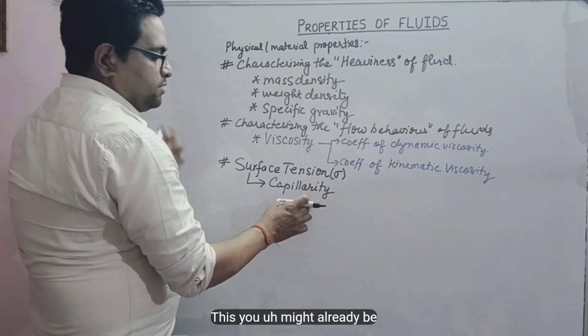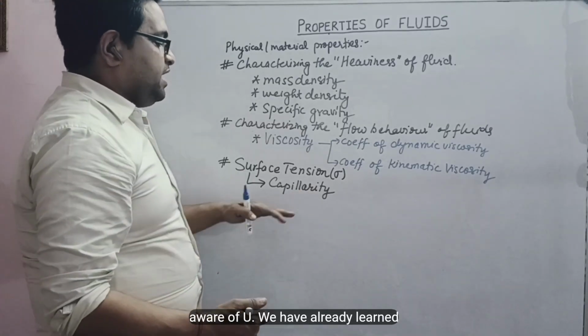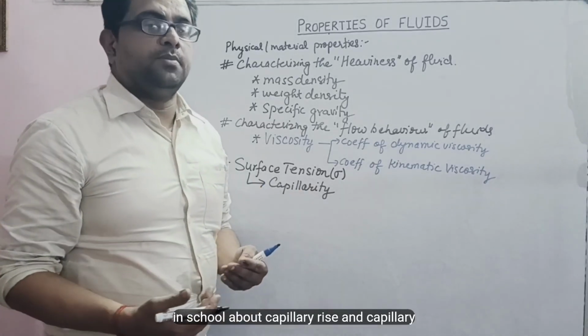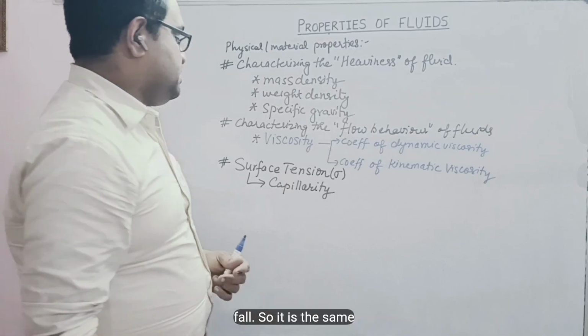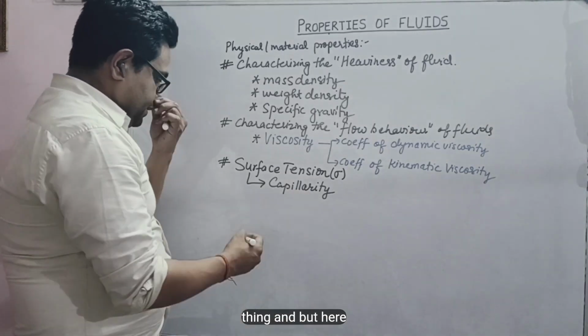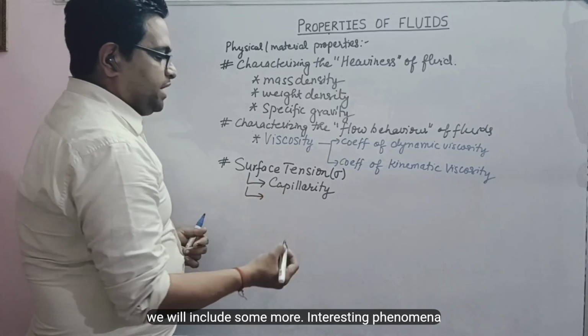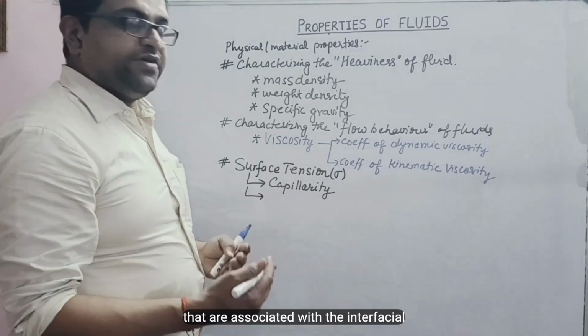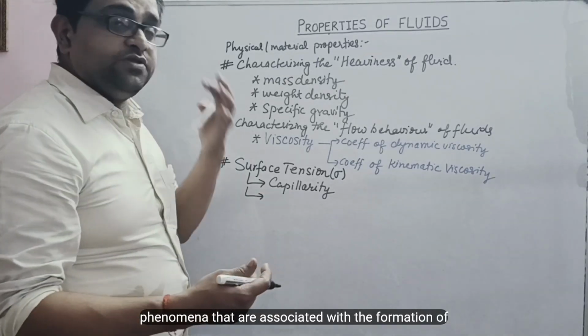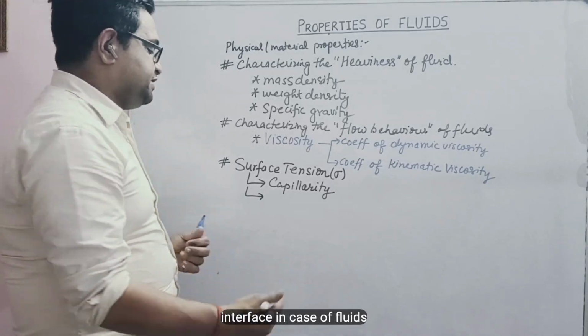This you might already be aware of. We have already learned in school about capillary rise and capillary fall. So it is the same thing, but here we will include some more interesting phenomena that are associated with the formation of interface in case of fluids.